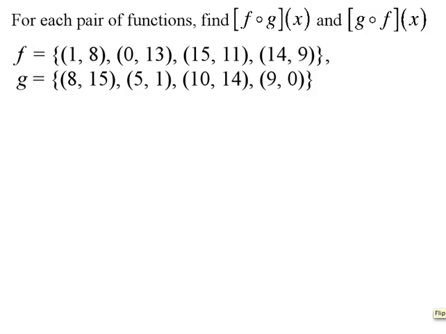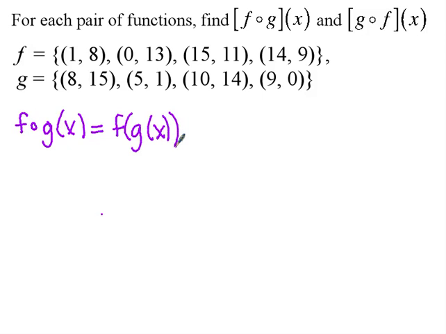So first of all, f of g of x. I know that f of g of x is the same as this. So what this means is we always start with the g function. Why? Because it's in the parentheses. Always start with the g because it's in parentheses. So I'm going to start down here at the g.